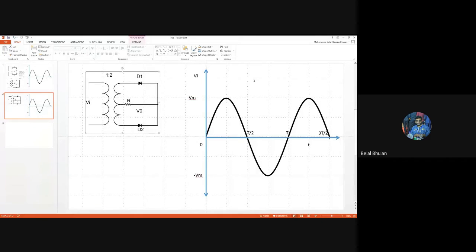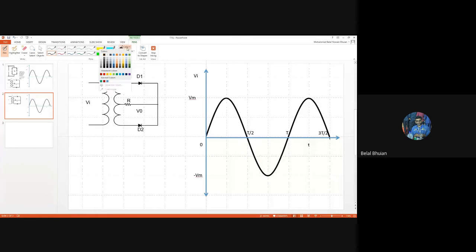One of them was the full wave bridge rectifier, the one that we have already discussed in our lecture, and this is the second one, the full wave rectifier with center tap transformer.